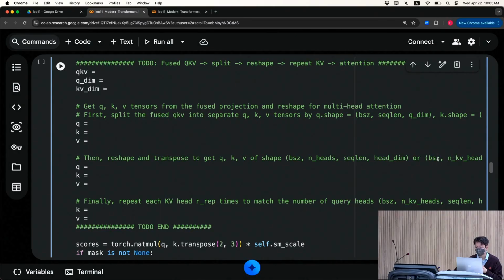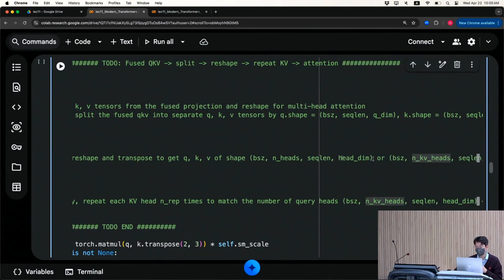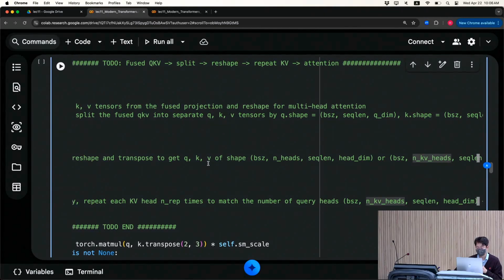Or this may change based on input. So batch size, number of KV heads, sequence length.